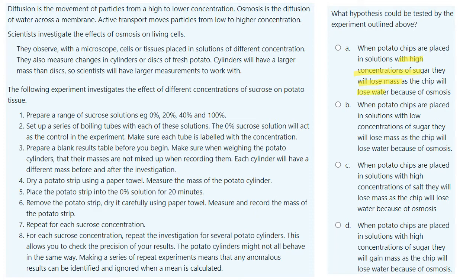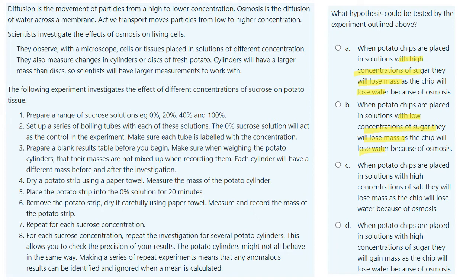So they will lose mass and they will lose water when they are in high concentration of sugar. B: When potato chips are placed in solutions with low concentrations of sugar, they will lose mass and they will lose water.